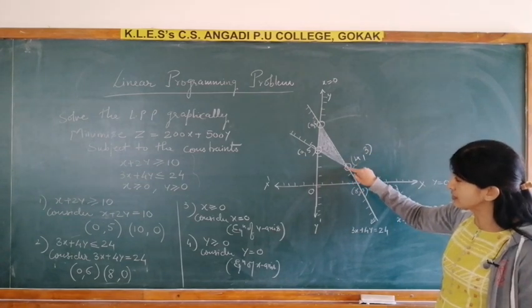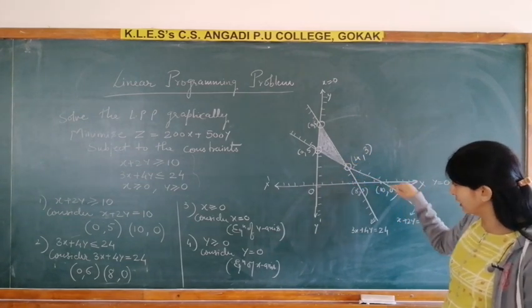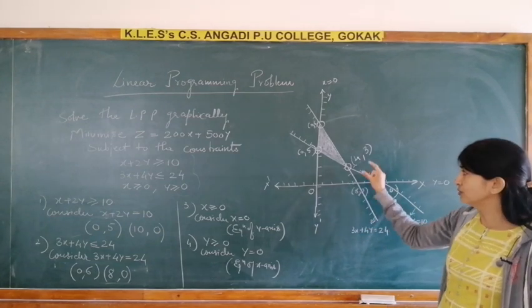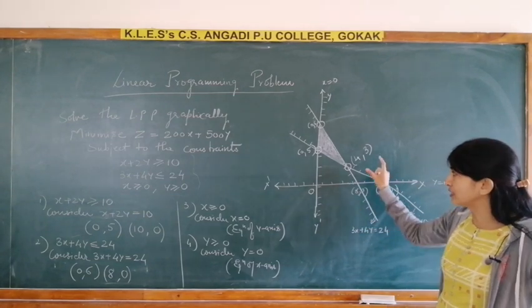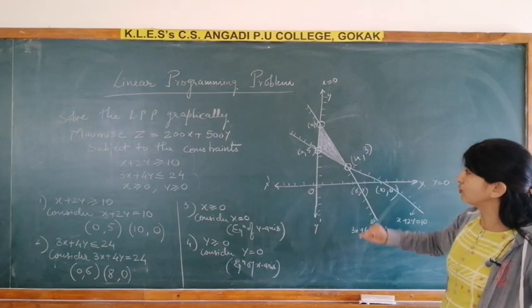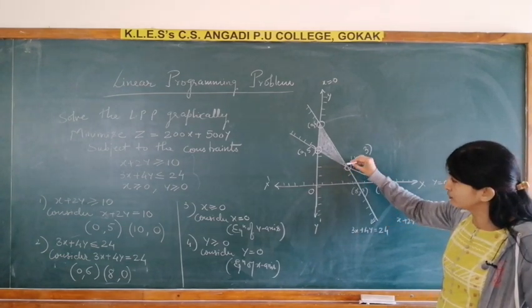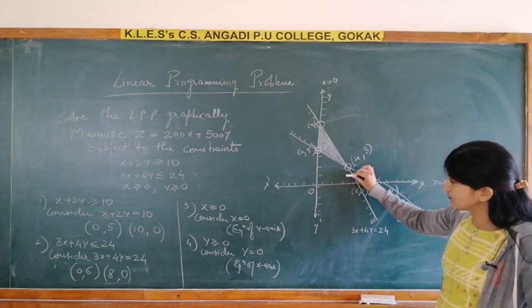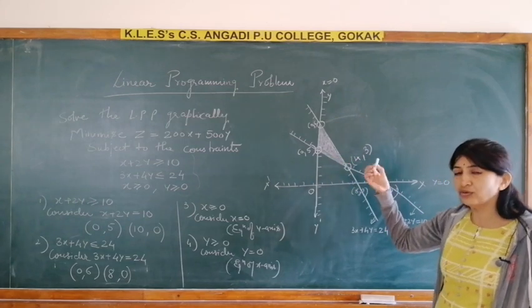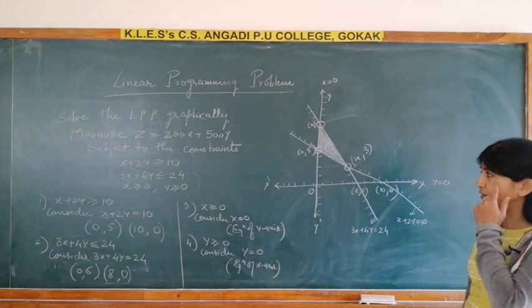So see that this is the point of intersection of which two lines, and solve those two lines simultaneously. So you will get 4 comma 3. In the graph, if you draw properly, it will intersect exactly at 4 and 3. So you can write 4 comma 3 directly also.